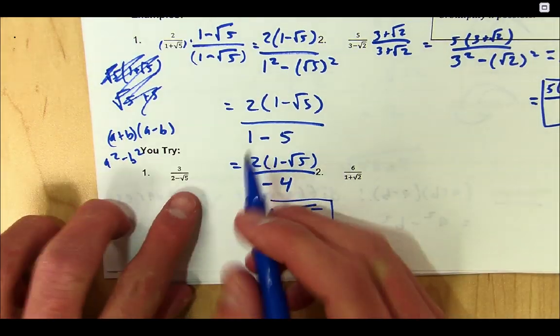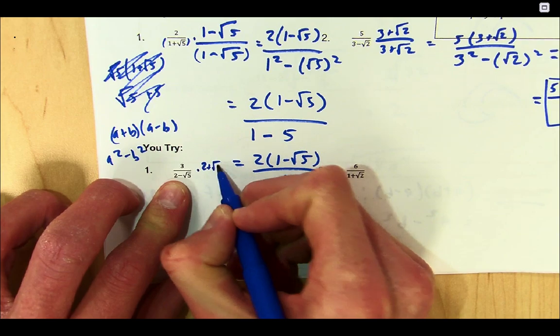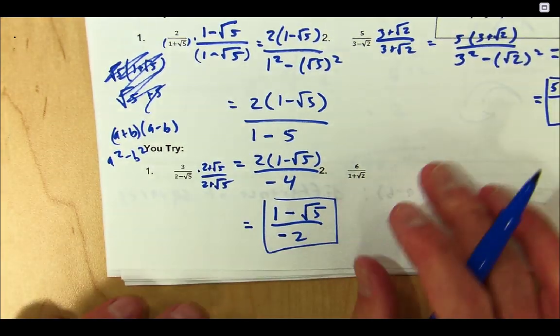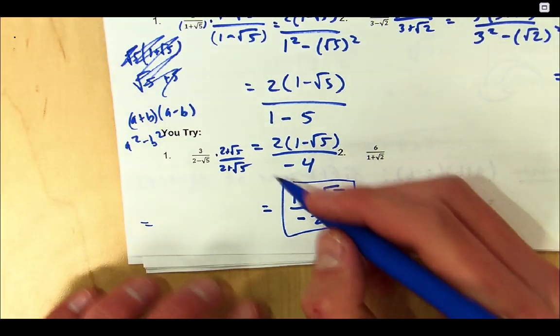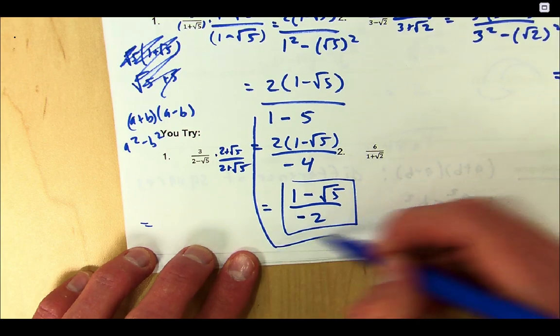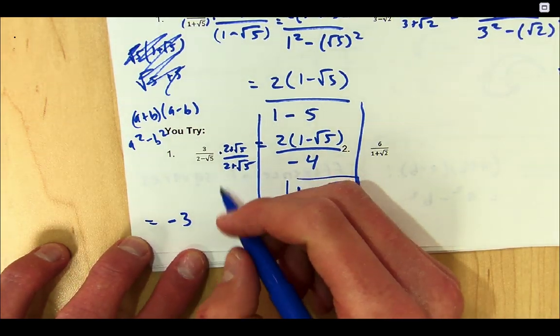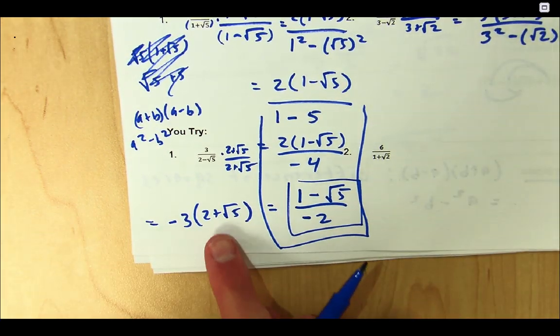So try these out. Remember here, if this is 2 minus root 5, you'd have to multiply top and bottom by 2 plus root 5. And if you do that successfully, this should simplify all the way down into, so let's bracket this off. For number 1, it should simplify all the way down to negative 3 quantity 2 plus root 5. So see if you can get that.